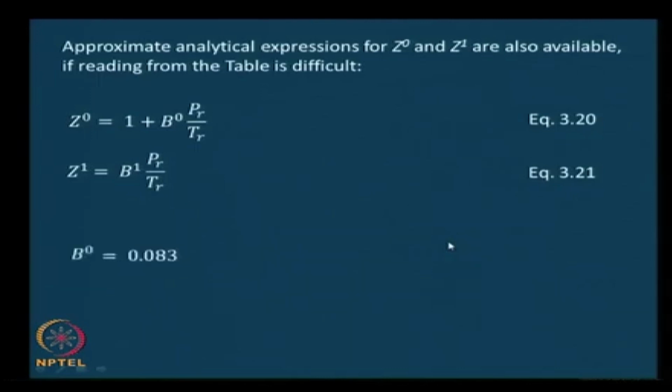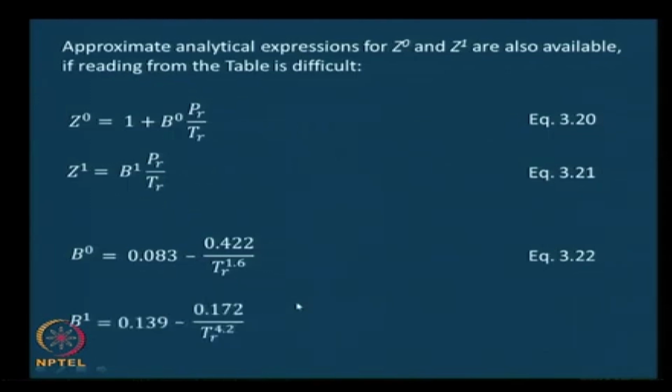B naught is nothing but 0.083 minus 0.422 divided by the reduced temperature to the power of 1.6, equation 322, and B1 is 0.139 minus 0.172 divided by reduced temperature to the power of 4.2, equation 323.